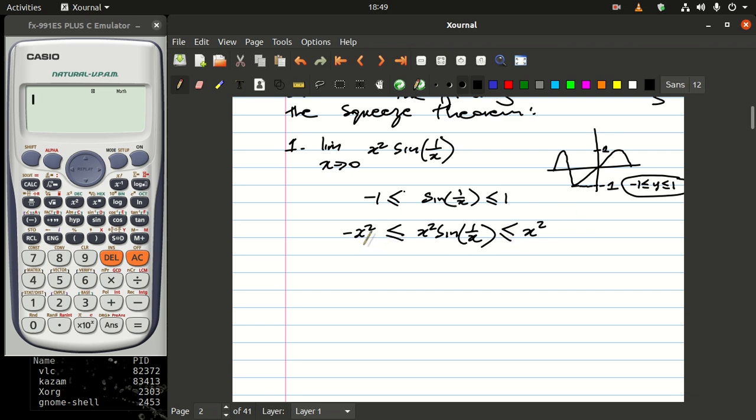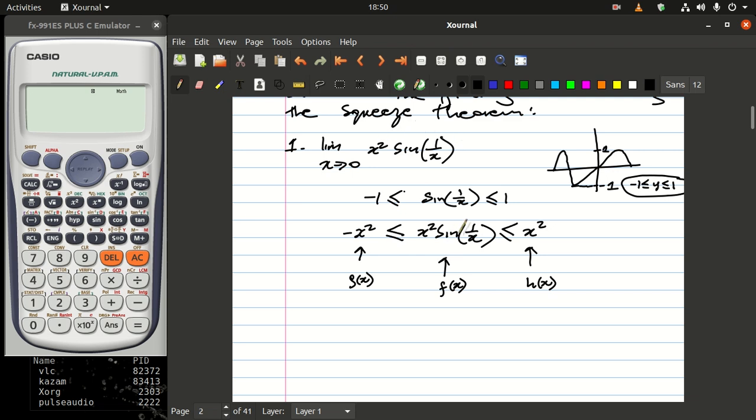Now, I take this whole function as my g of x, this function here I am going to take as my h of x, and this middle function I am going to take as my f of x. So I have found two functions that are bounding this whole function.